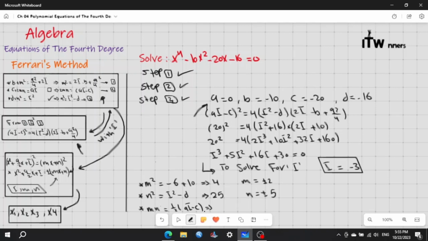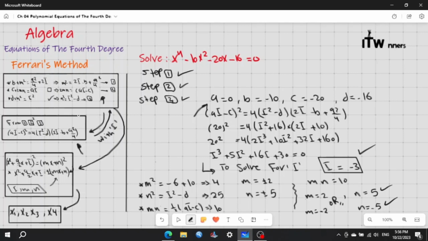So m into n will be equal to 10. So we have two cases: m equal to 2 and n equal to 5, or m equal to negative 2 and n equal to negative 5. After that we have I, n and m.